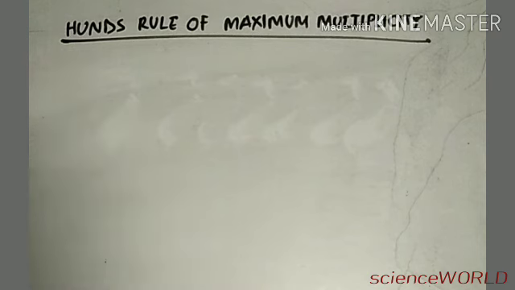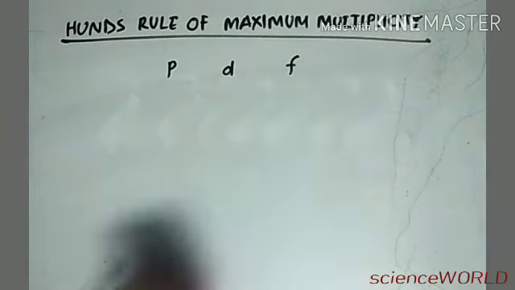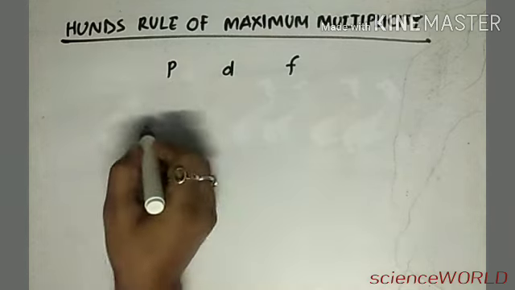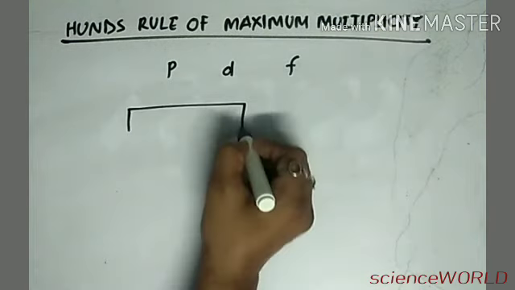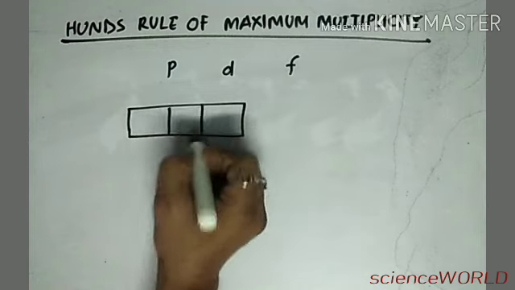So this will be the statement of Hund's rule. It means we can fill electrons in p, d or f orbitals. If we talk about the p orbitals, we know they are px, py and pz, right?